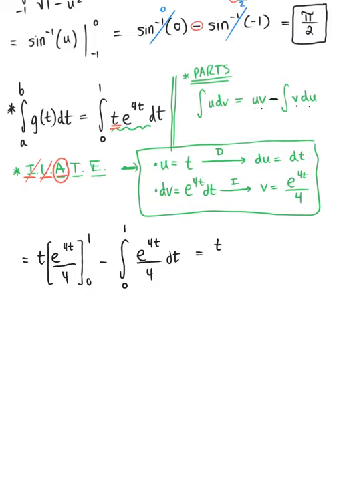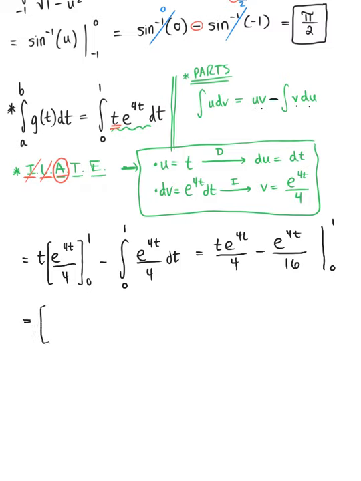So we can rewrite this as t times the natural exponential raised to the 4t by 4. And this will become minus the natural exponential raised to the 4t divided by 4 times 4, which is 16. And now we can evaluate the whole expression from 0 to 1. So here we go.